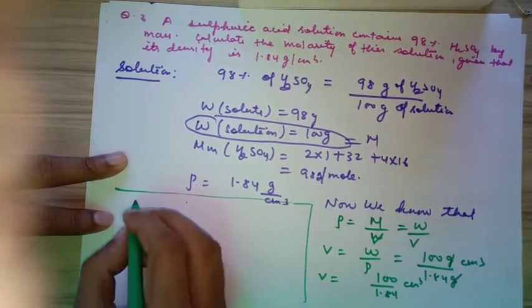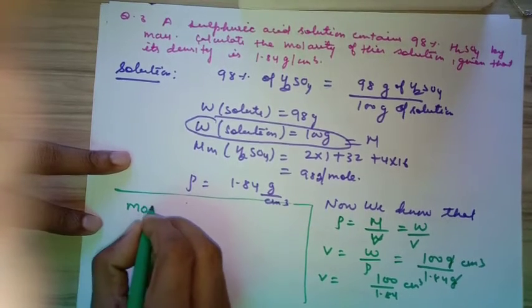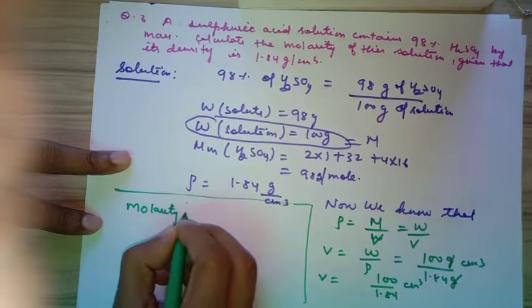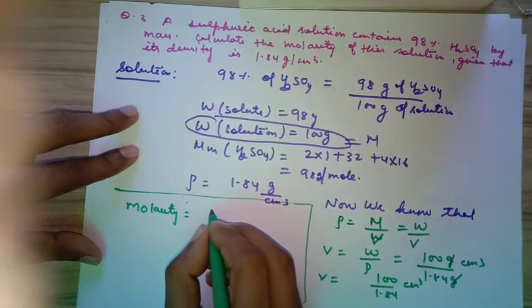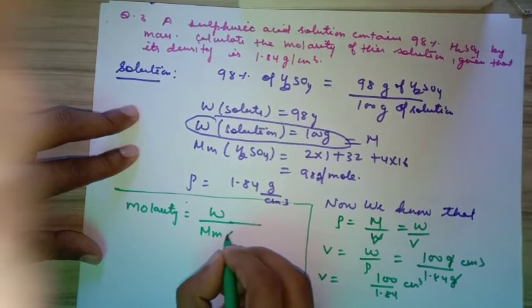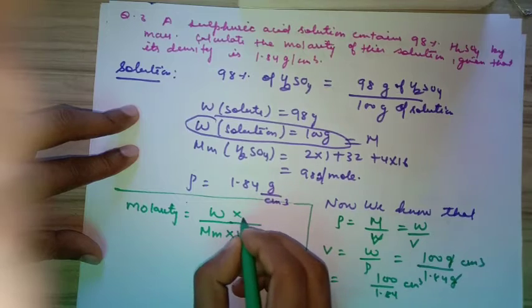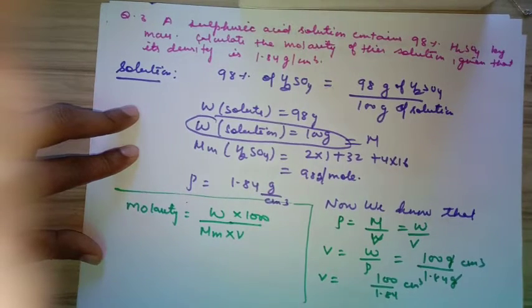So to find the molarity, we see that it is W, that is weight of solute, upon molar mass of solute into volume. Here it is given in centimeter cube. It's okay, we can divide it by 1000, so over here it will be 1000.